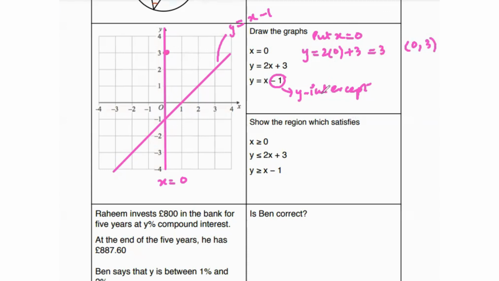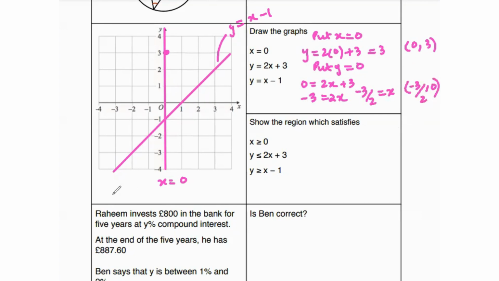Then we put y equals 0. So I'm just going to remove this part. That's going to be 0 equals 2x plus 3, minus 3 equals 2x, and -3 over 2 equals x, which means our second coordinate is (-3/2, 0).